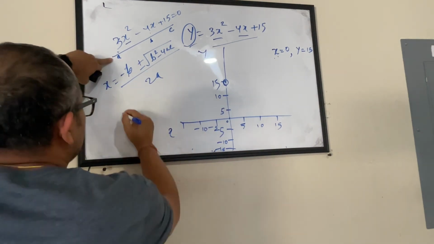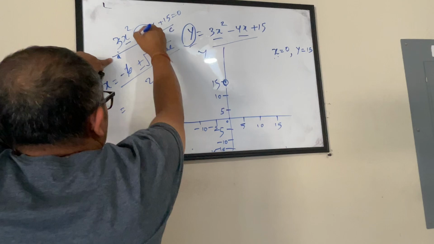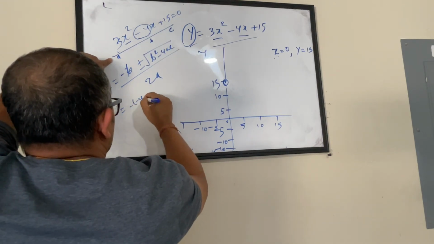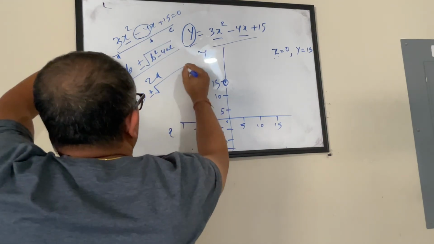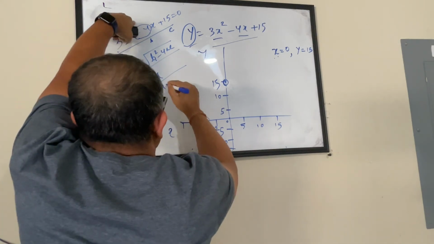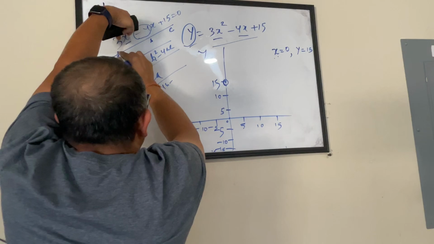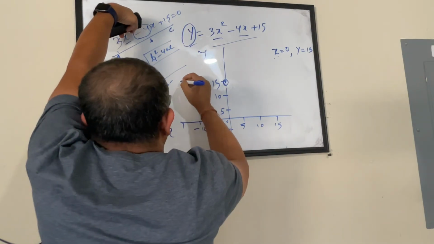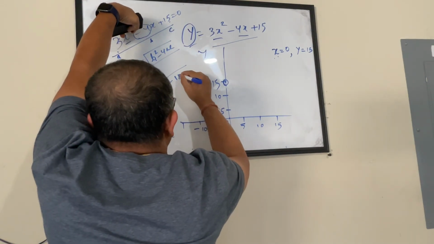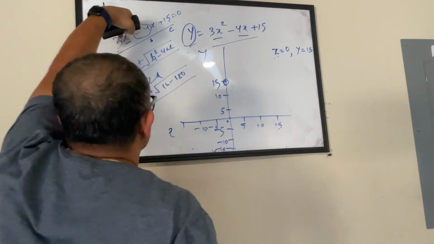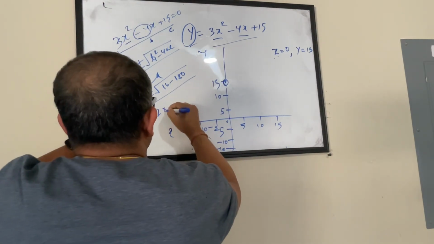Now here what is the value of b? b is minus 4. So minus into minus 4 plus minus the square root of b square minus 4ac. So b square becomes 16 minus 4ac. 4 3s are 12, into 15, 12 into 15 is 180. Divided by 2 into a, 2 into 3.